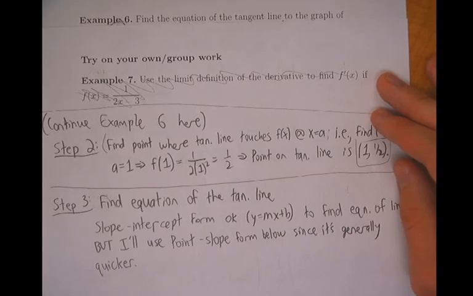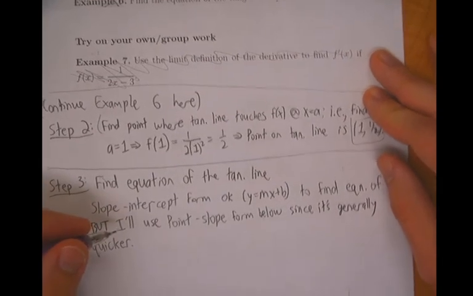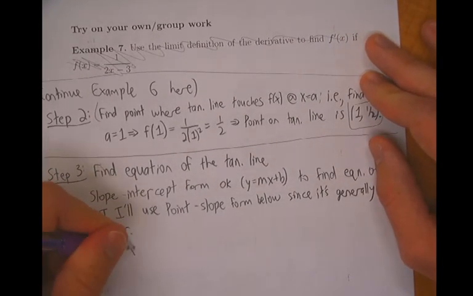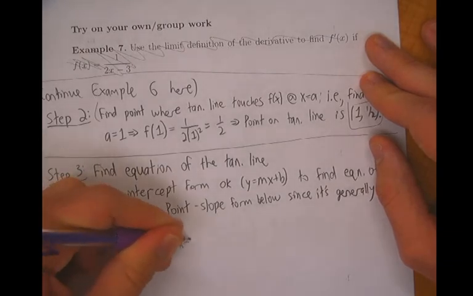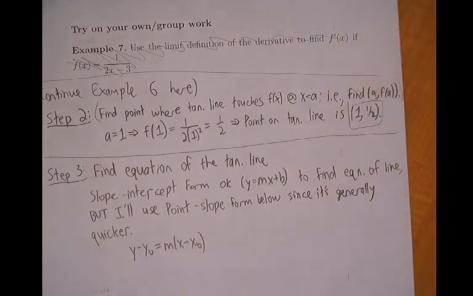Okay? Okay. So here's what that means. So point-slope form, if you recall, this is the same thing as y minus y naught equals m times x minus x naught. Okay?